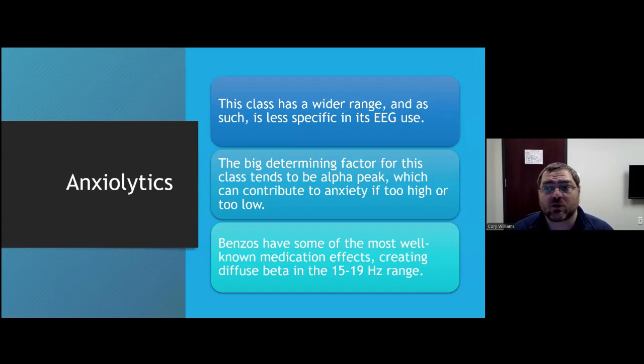For those of you who are familiar with sympathetic versus parasympathetic activation, you know, sympathetic activation can definitely lead to a lot of anxiety. So this is a really wide class of medication. And the one thing that we really kind of want to look at here when we're talking about medication, at least, is the alpha peak.